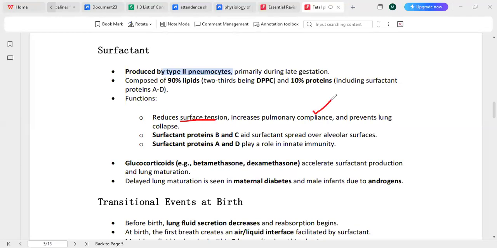With good compliance, we don't find any kind of collapse in the lungs because of this surfactant. Proteins B and C aid surfactant spread over alveolar surfaces. Surfactant proteins A and D play a role in innate immunity. Betamethasone and dexamethasone accelerate surfactant production and lung maturation. Delayed lung maturation is seen in maternal diabetes and in male infants due to androgens, but these are not very common conditions.